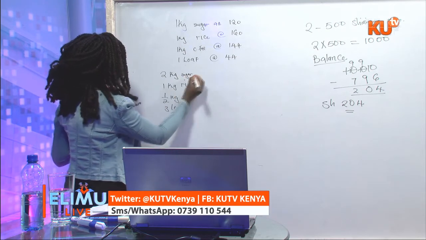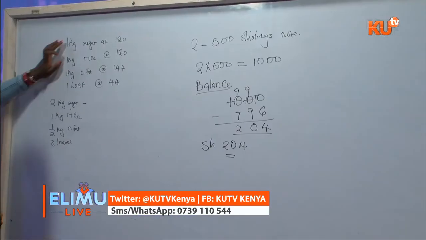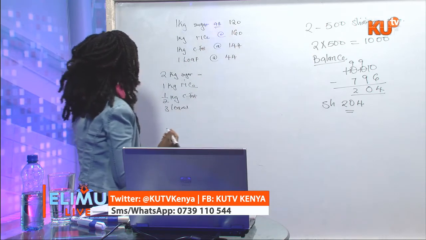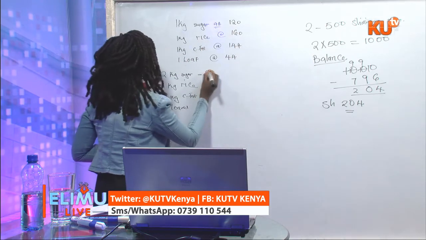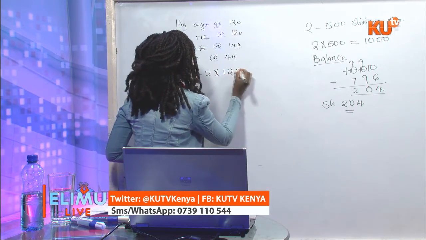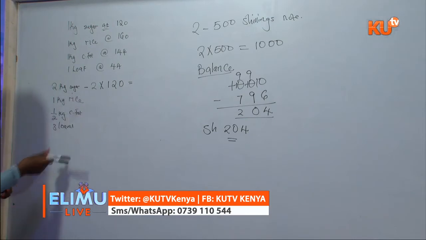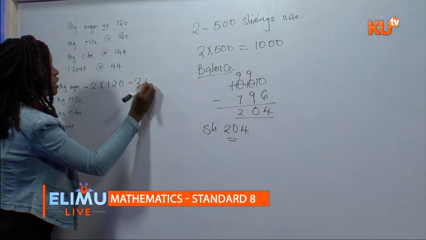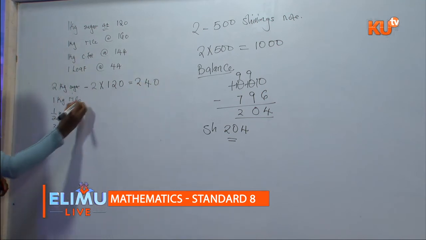If she bought 2 kgs of sugar, 1 kg costed 120. We have at here to mean the cost of a kg. So 2 kgs of sugar times 120, that is the cost of 1 kg. 2 times 120, we get 240 shillings.